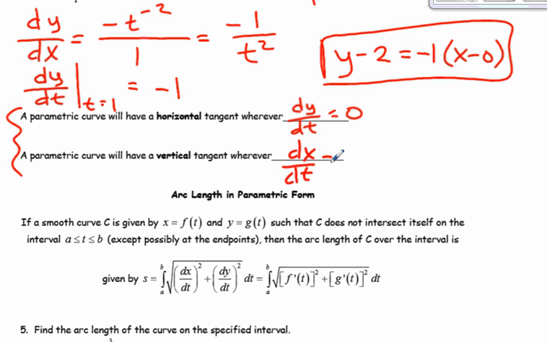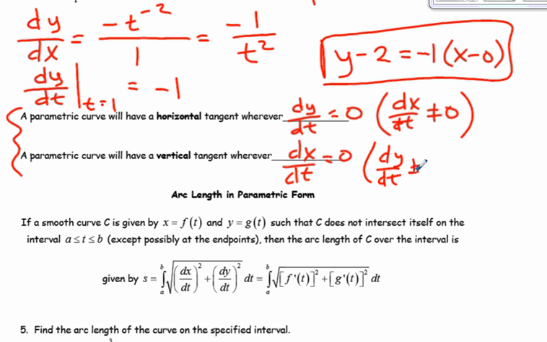I should also make a note here that you'll have a horizontal tangent whenever dy dt equals 0 and dx dt does not equal 0, because if they were simultaneously 0, then that would be indeterminate. We have a problem there. And also for a vertical tangent, we have to make note that dy dt could not equal 0 at that point.